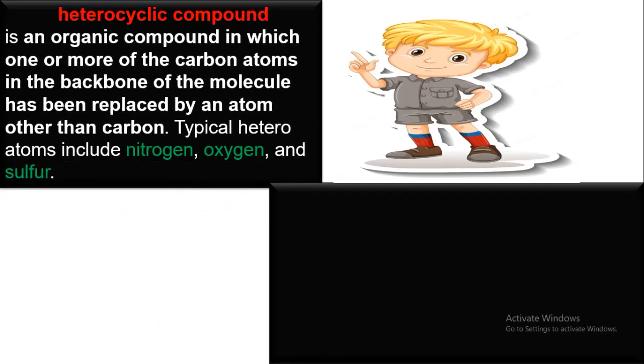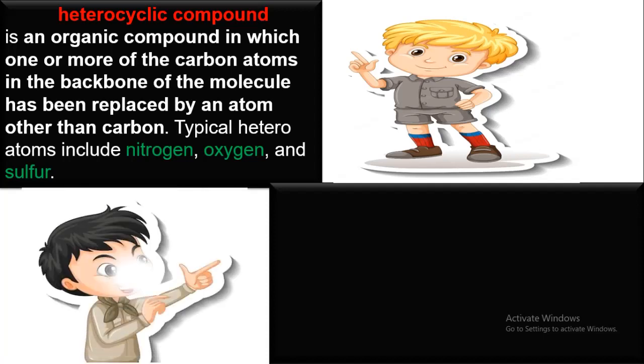A heterocyclic compound is just an organic compound in which one or more of the carbon atoms in the backbone of the molecule has been replaced by another atom which is not carbon. For example, in a purine or pyrimidine, there are two parts that have a nitrogen atom.